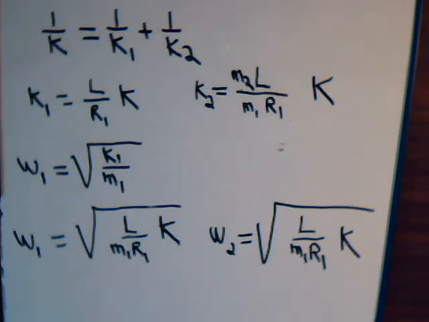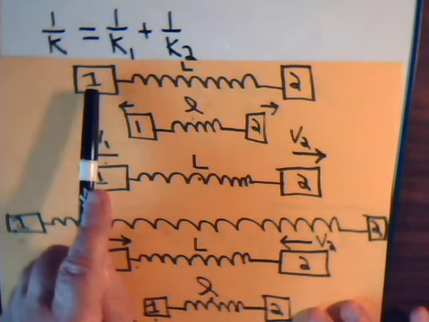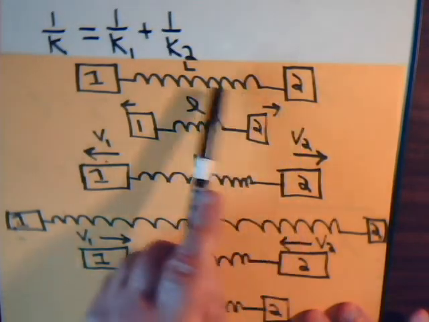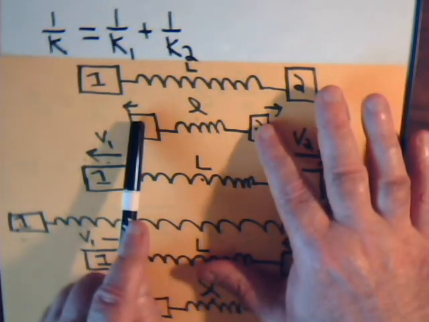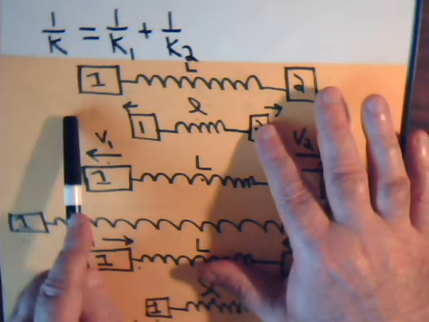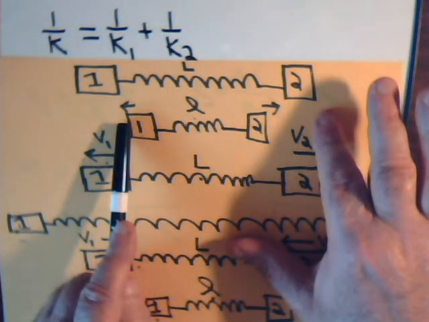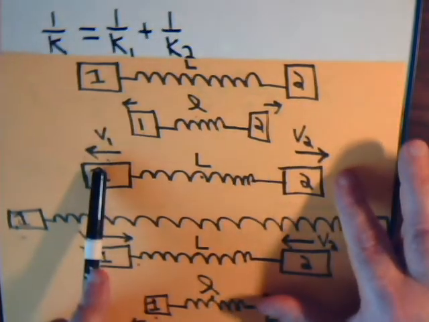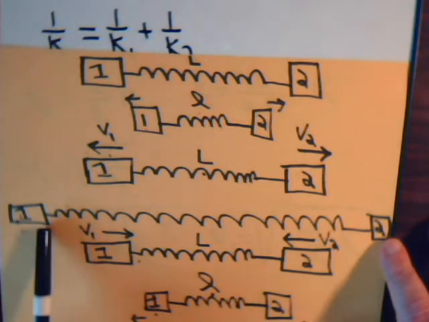And as we discussed in the last video, that's exactly what we would expect to happen, because our system is like this. Originally, the blocks are separated by a distance of capital L, then we compress it down to the smaller length, and we release them, so block 1 goes in this direction, the other block goes to the right, and then they keep moving apart until they're at a maximum separation distance, so the spring is elongated maximally.